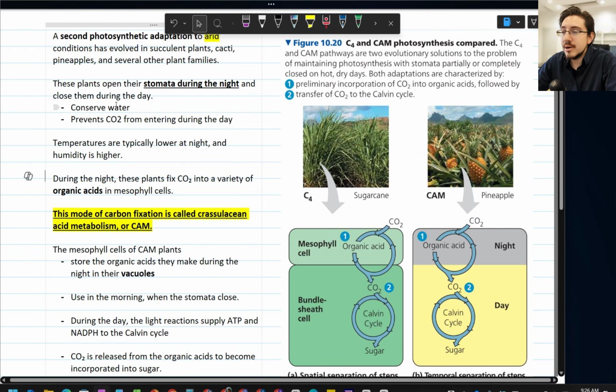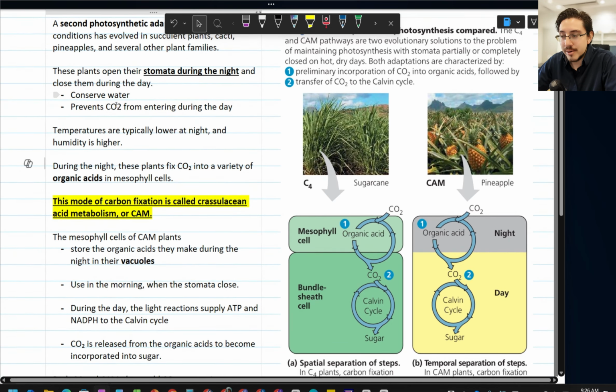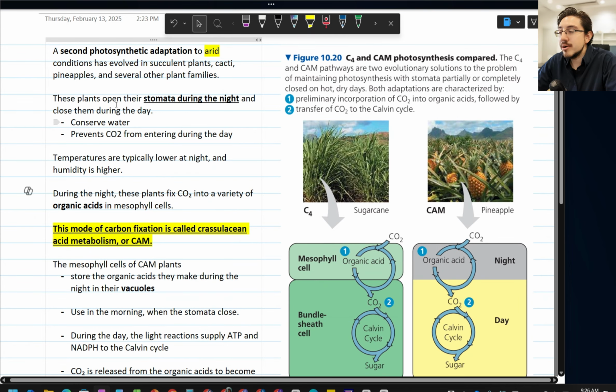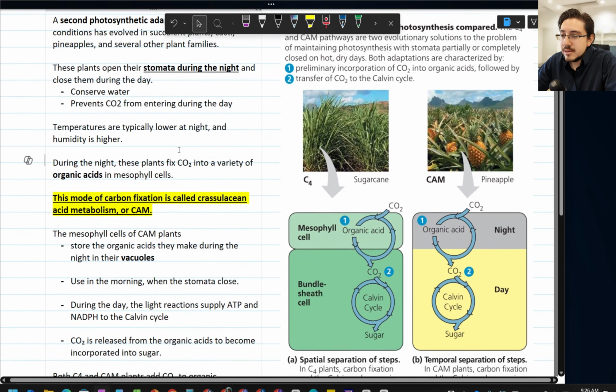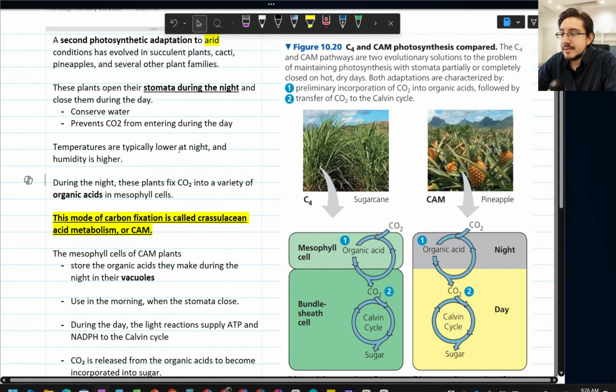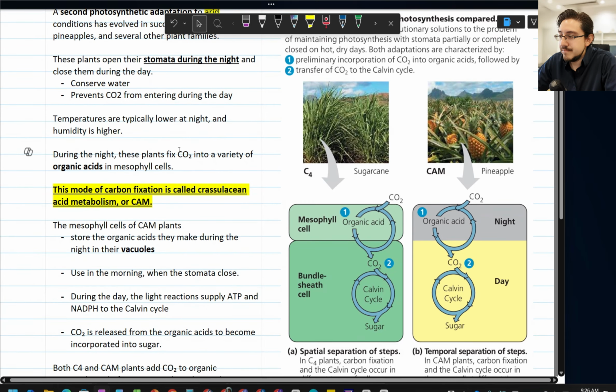Again, you want to conserve water, but at the same time, you're preventing carbon dioxide from entering the system during the day. Let's say you have very dry savanna, desert type regions where it's just so hot during the daytime. During the nighttime, though, temperatures do lower, humidity is higher.